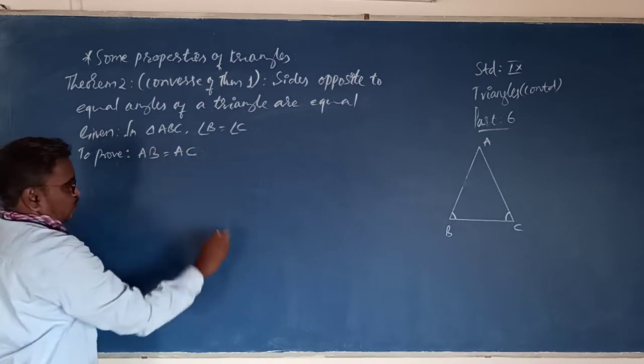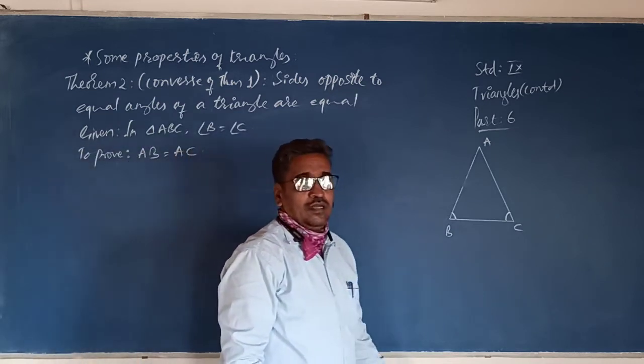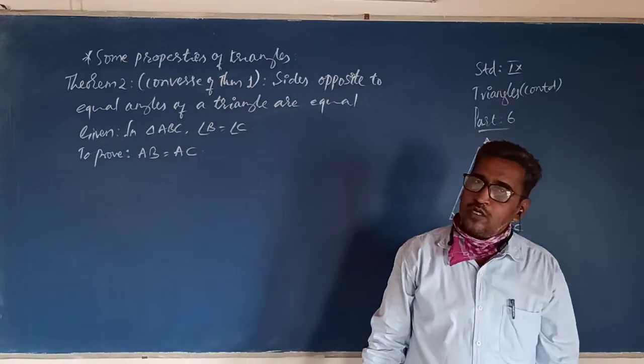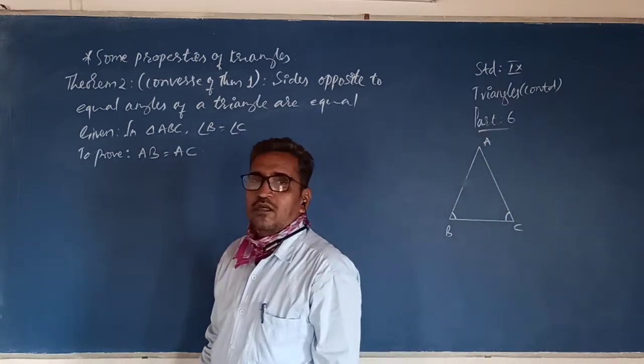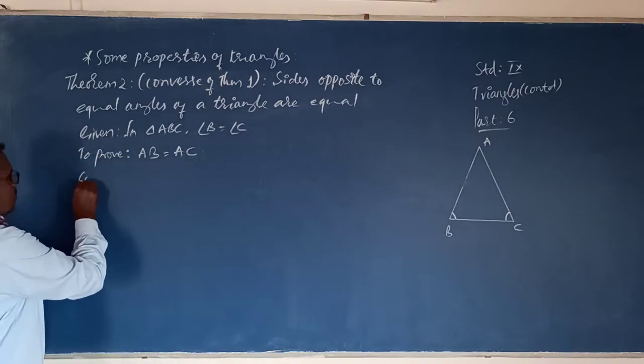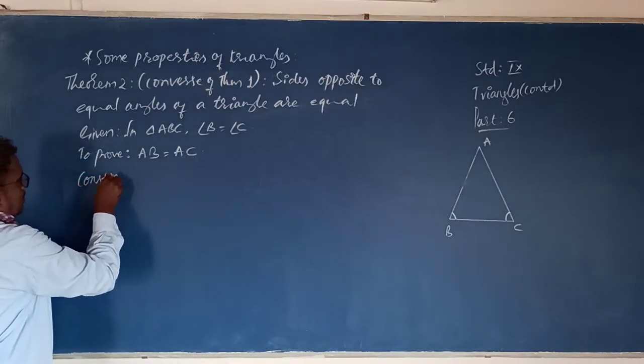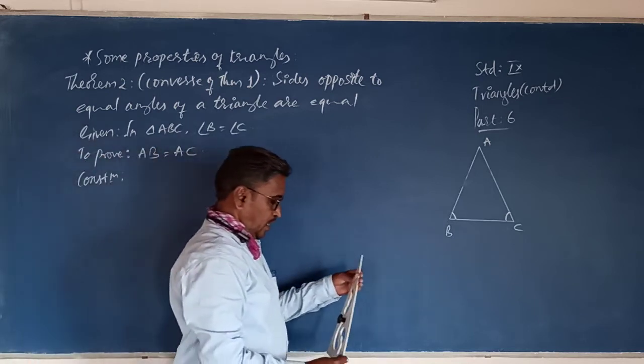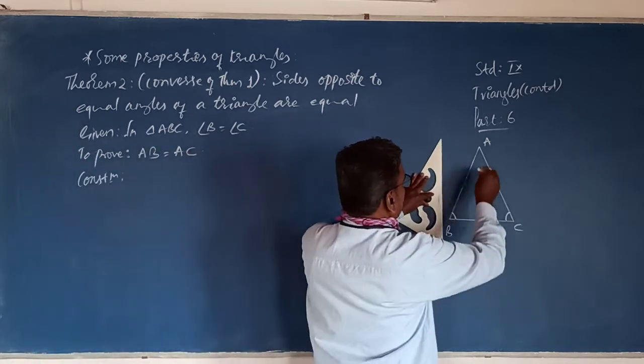You want to prove this. So once again, we know the properties of congruence of triangles. We require two triangles. For that, we want to have a construction. What is the construction we are doing?